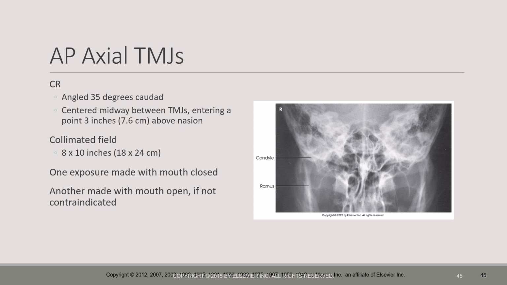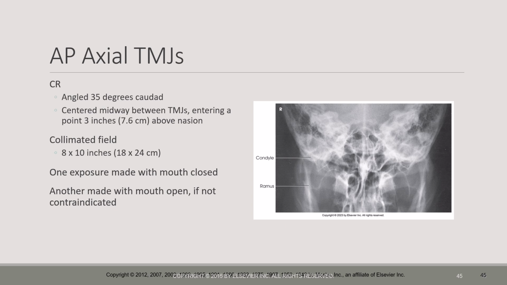So we don't need the entire mandible. We can clip mandible. We just need the TMJ joint midway between top and bottom of the image receptor. And you can see with the rest of the structures, it does look very much like a Townes or a Haas, because you can see the sphenoid, the foramen magnum, and I think the dorsum sella all right on top of each other, right in the middle.